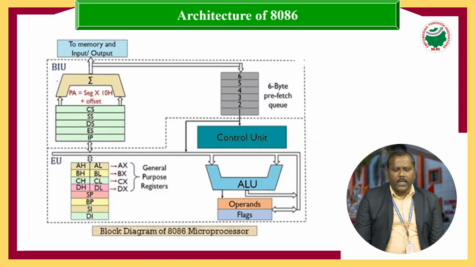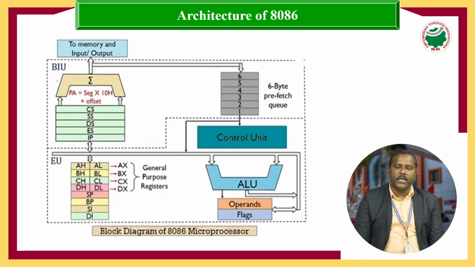Next, coming to execution unit. Execution unit takes the instructions from the instruction queue. Bus interface unit fetches the instructions from memory and stores them in the instruction queue. As many instructions as it can, it fetches and stores into the queue.